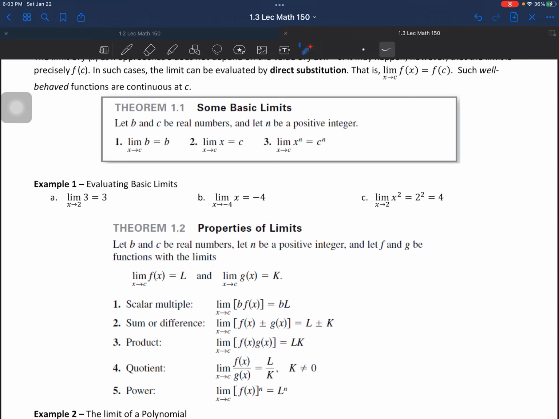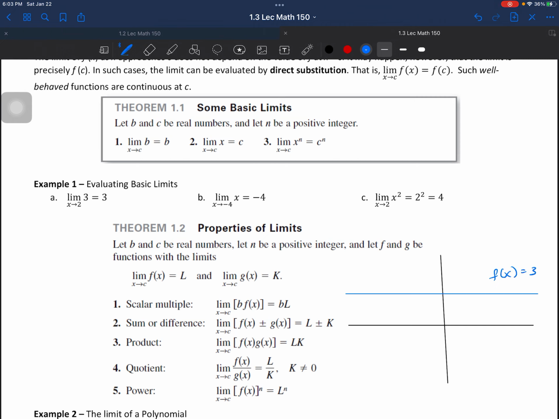The first one is if we're finding a limit of a function that happens to be a constant, like the limit of 3 as x approaches 2. Let me draw a graph here. The function is f of x equals 3.